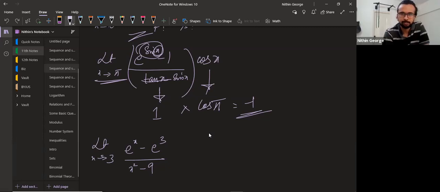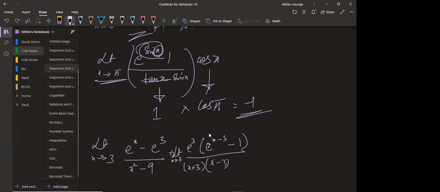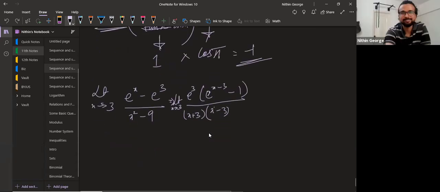Okay, I'll start the problem. Not responding. E cube into e power x minus 3 minus 1 divided by x square minus 9 is what we have. So let that be x minus 3 into x plus 3, and limit x tends to 3 here. All right. So what is this part here?